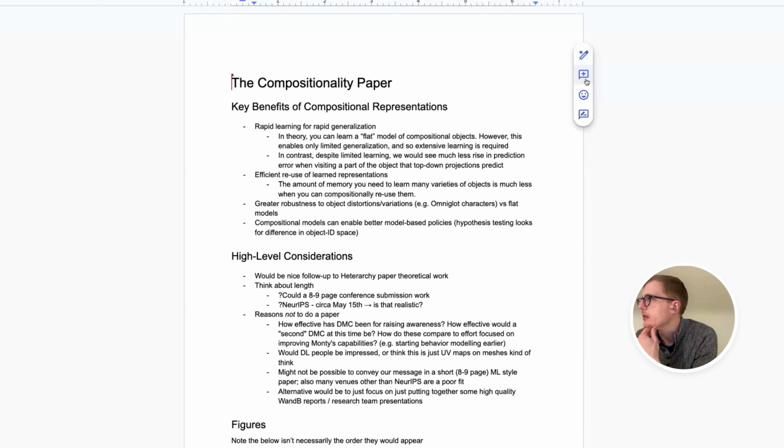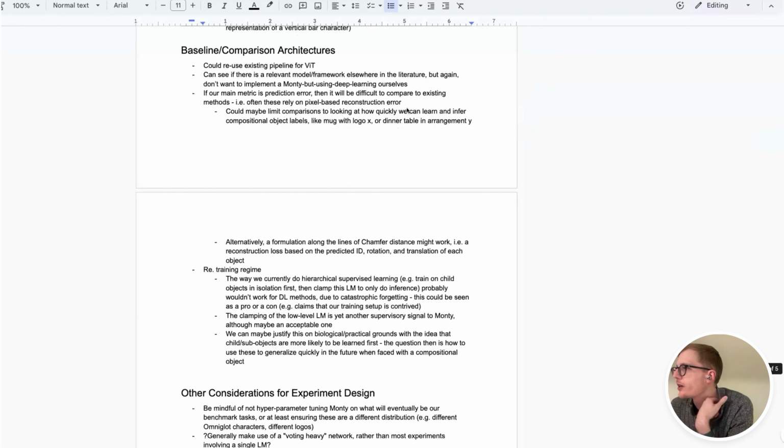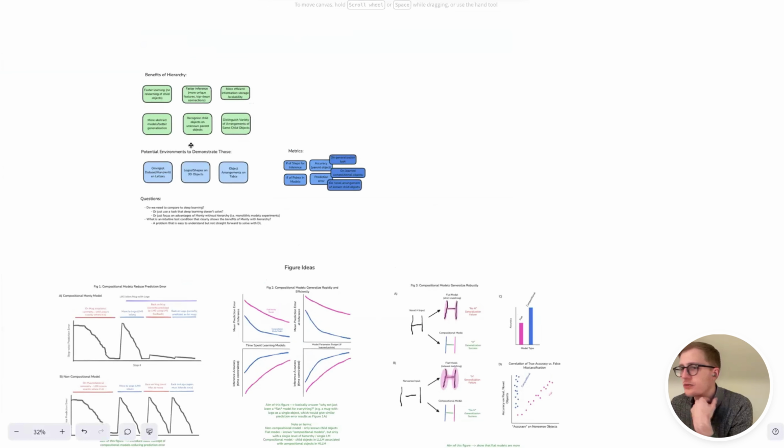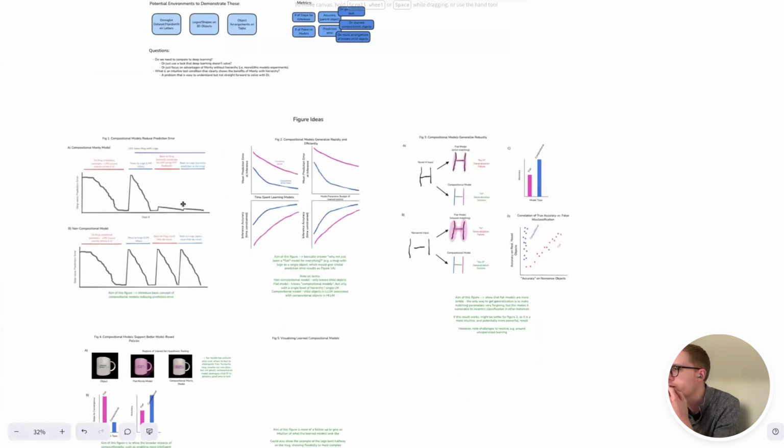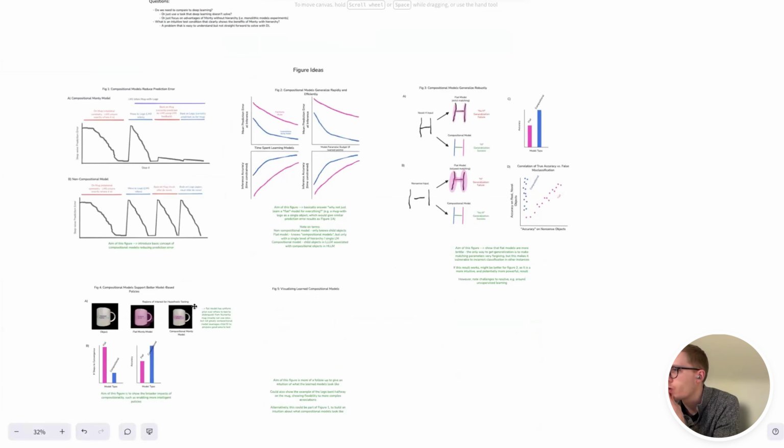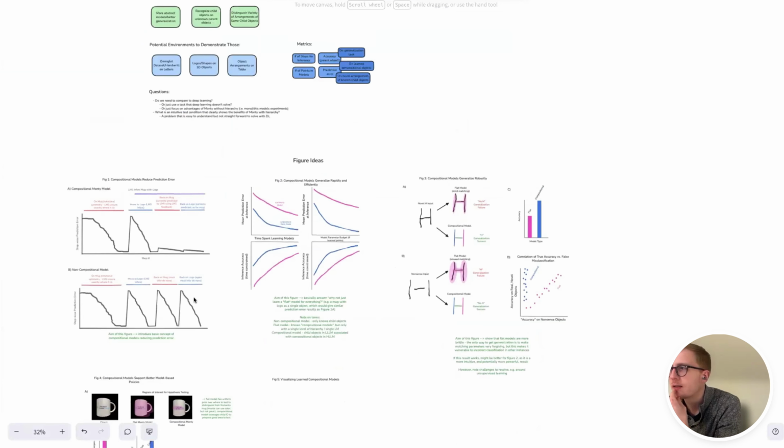As a starting point, I've been writing ideas in this document, but it's rather long-winded. And then Vivian was putting some nice summary points here, and then I've started drawing out what the actual figures might look like.